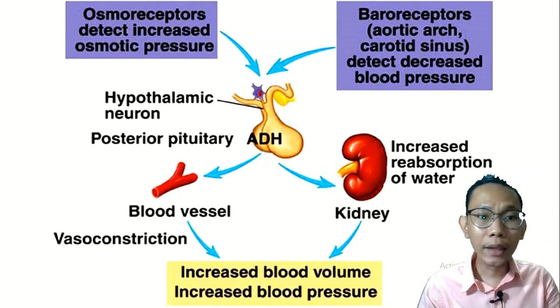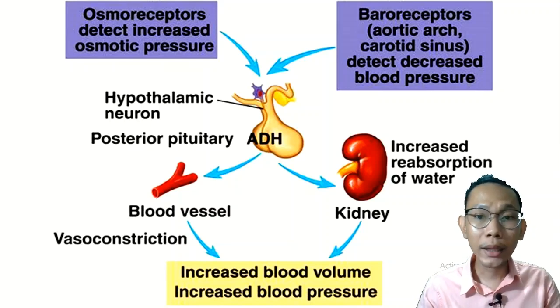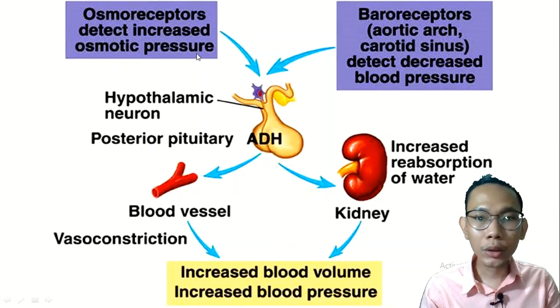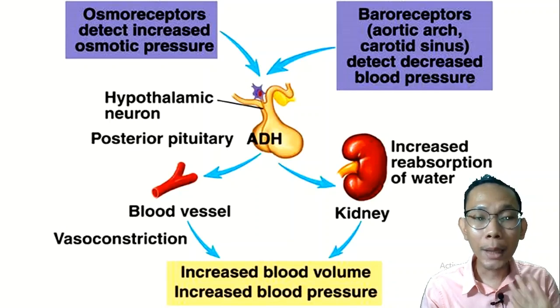So your ADH can be stimulated when there is an increased osmotic pressure or a decrease in blood pressure. These changes in your osmotic pressure and your blood pressure can be detected by your osmoreceptors or baroreceptors, which will stimulate your hypothalamic neuron. Remember, your hypothalamic neuron will be able to secrete antidiuretic hormone.